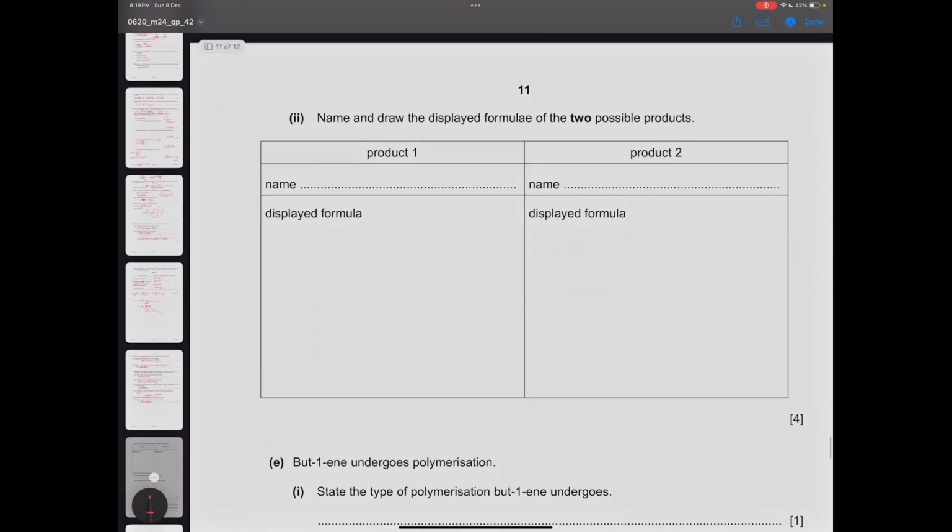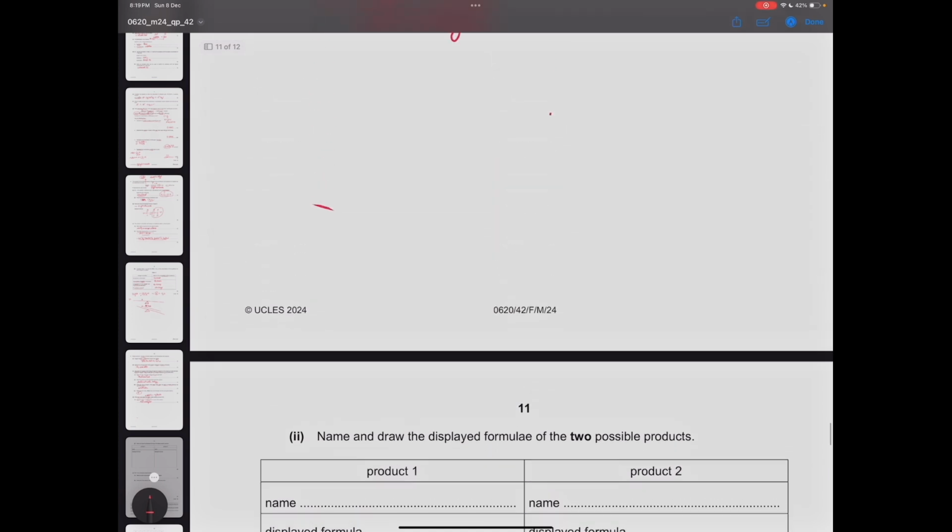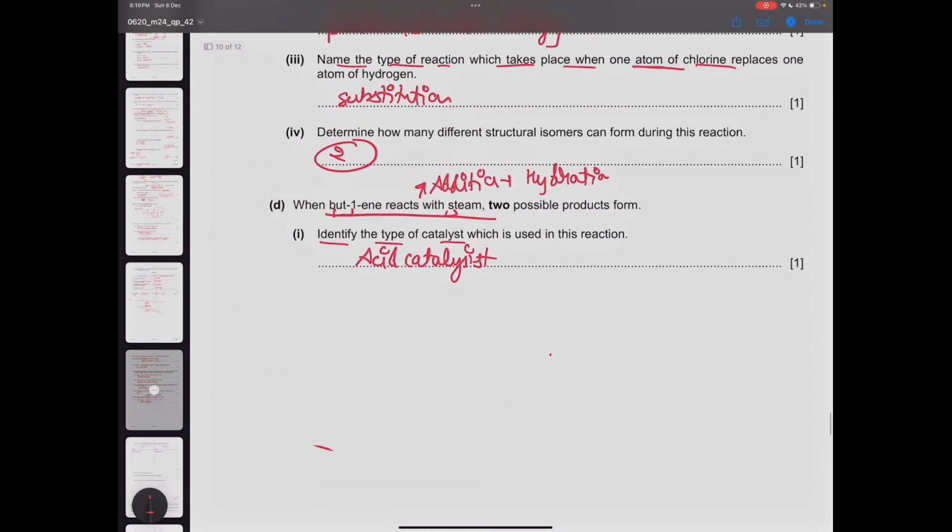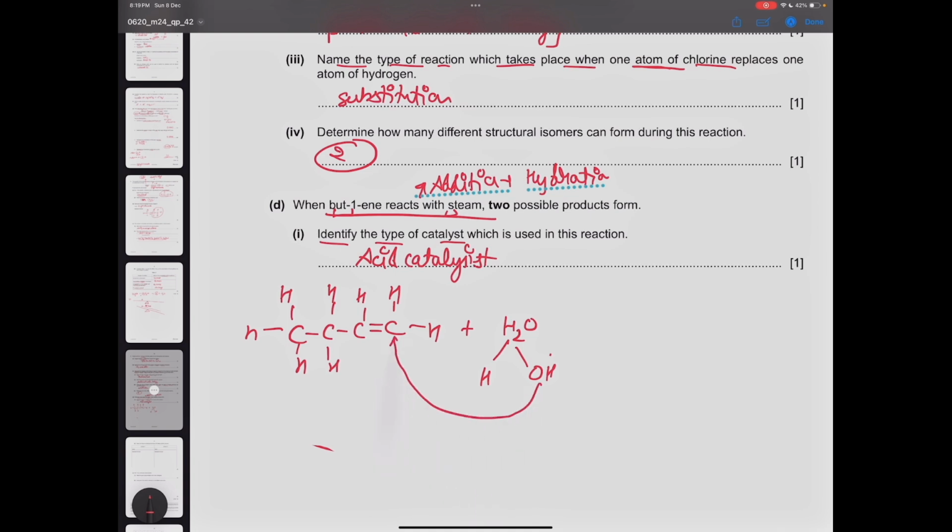Name and draw the two displayed formulas of two possible products. And these two possible products, they are asking us for the D part. So see, it's fairly simple. Let's put hydrogens again, just to make you understand. Let's make this easier for you. Now what can happen is, from H2O, H and OH, there's a possibility OH might attach to the first carbon.